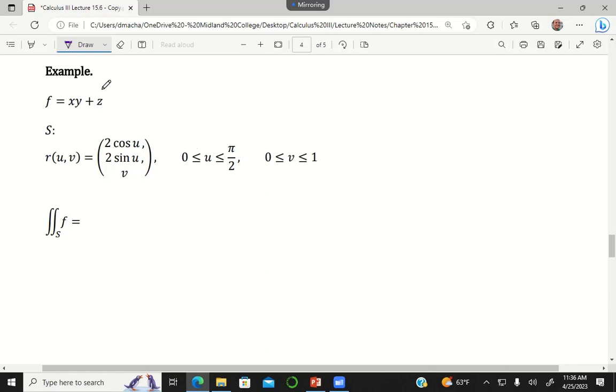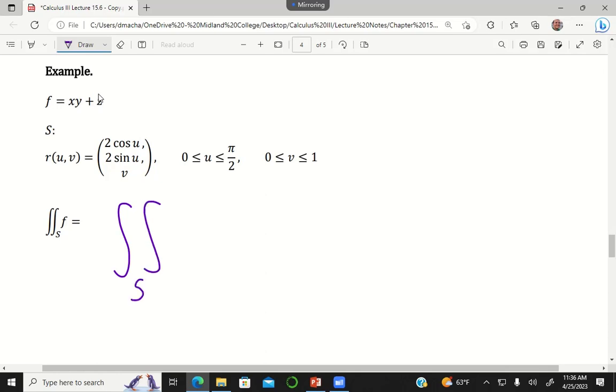Like a portion of a cylinder. Yeah. And then 0 to 1. So this is not going to be 0. If it were the full cylinder, I think it would be 0 again, but in this case, no. Well, I take it back. I don't think it would be because of the plus z. So never mind. I don't think the full cylinder would actually be 0. But anyways, here we go.